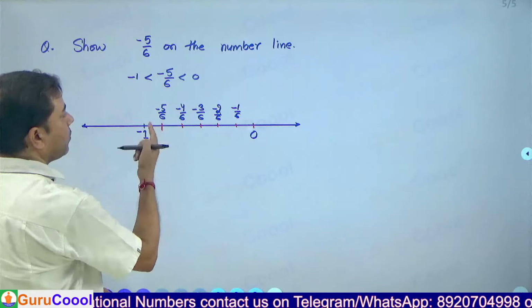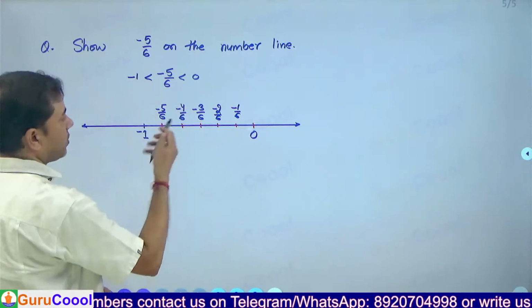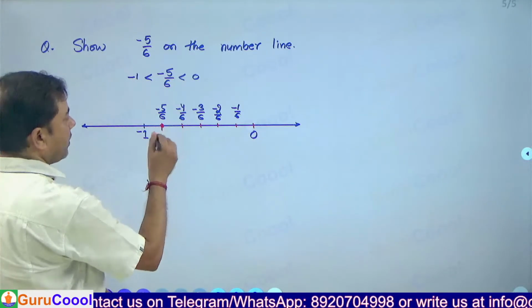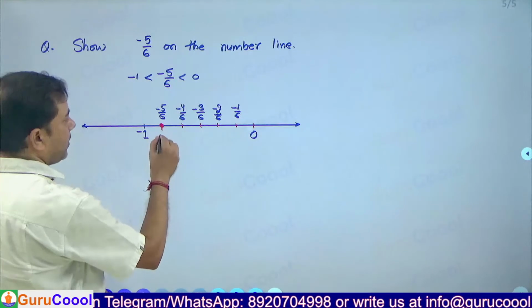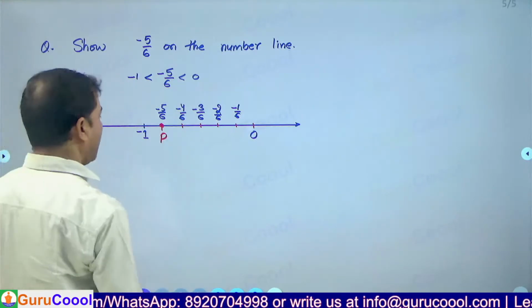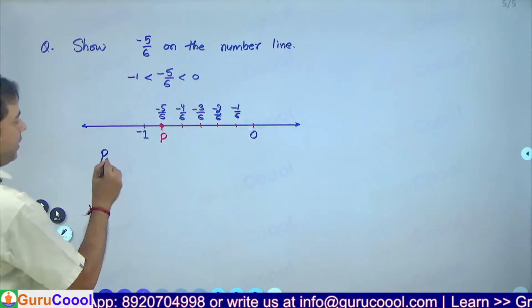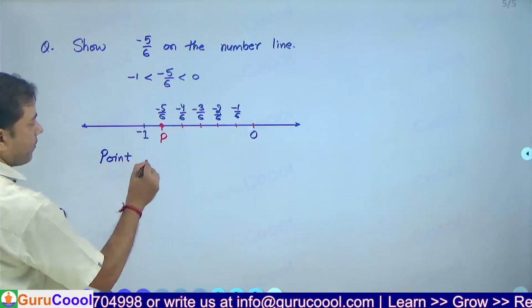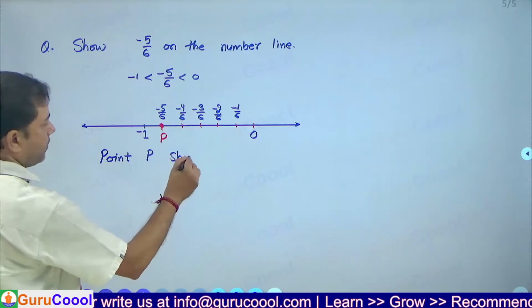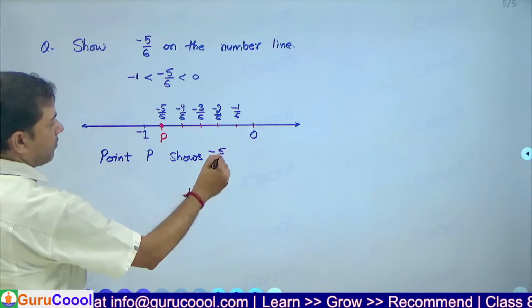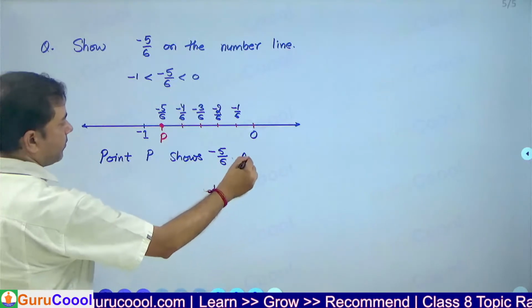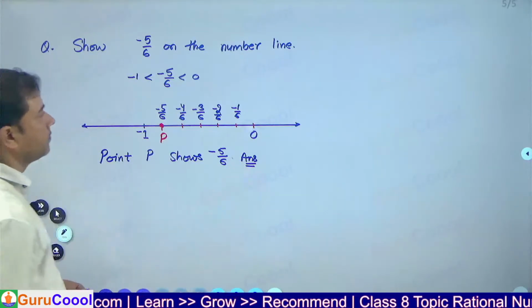And this is the required number we have to show. So let us highlight with the help of a letter in capital like P, and right below point P shows -5/6. Done.